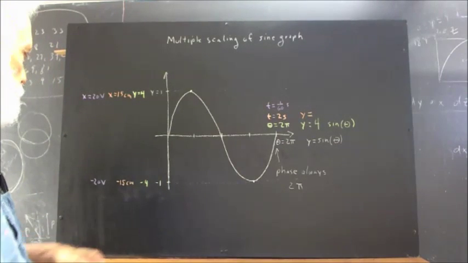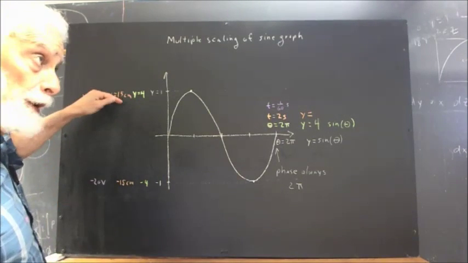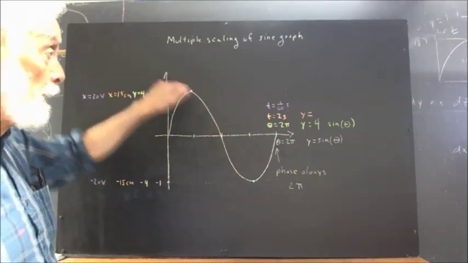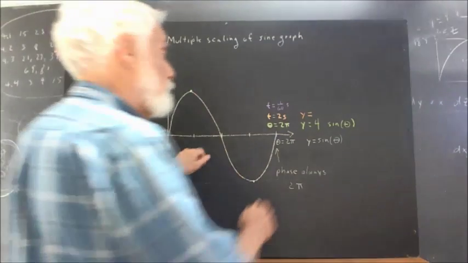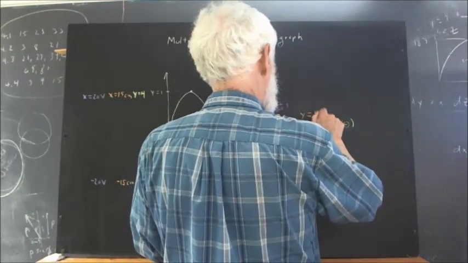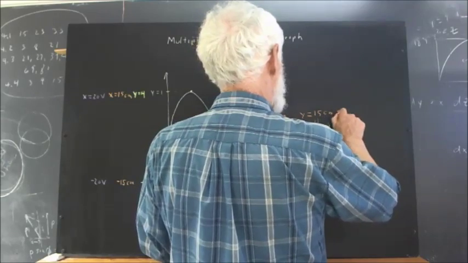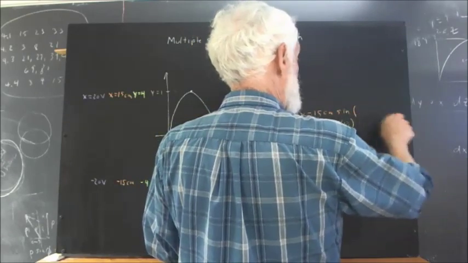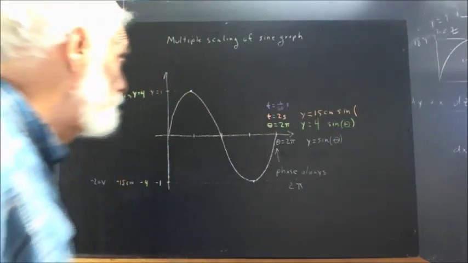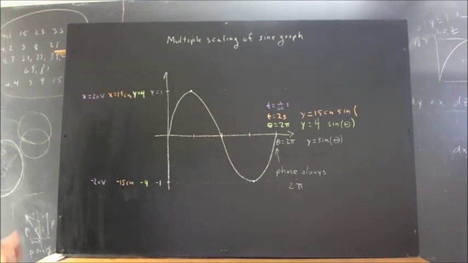By now, we should understand that if we go from -15 centimeters to 15 centimeters here and here, then y is going to be 15 centimeters times the sine of something. What's that something?